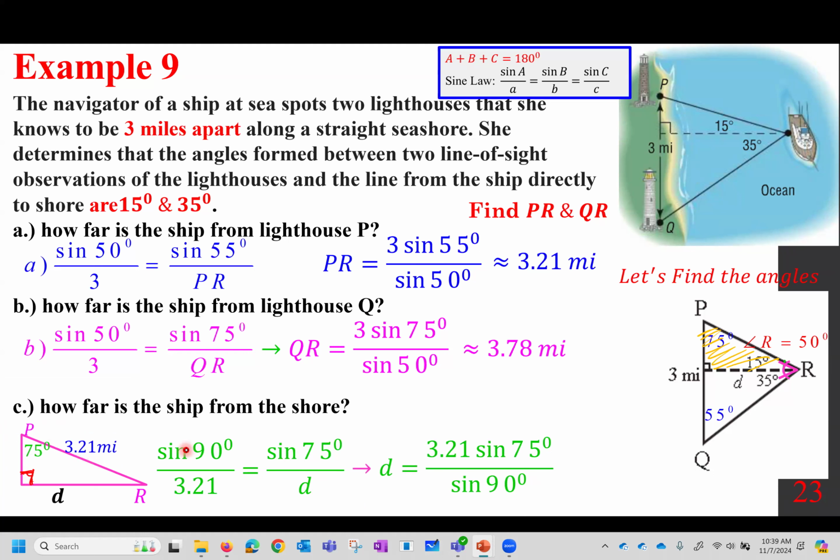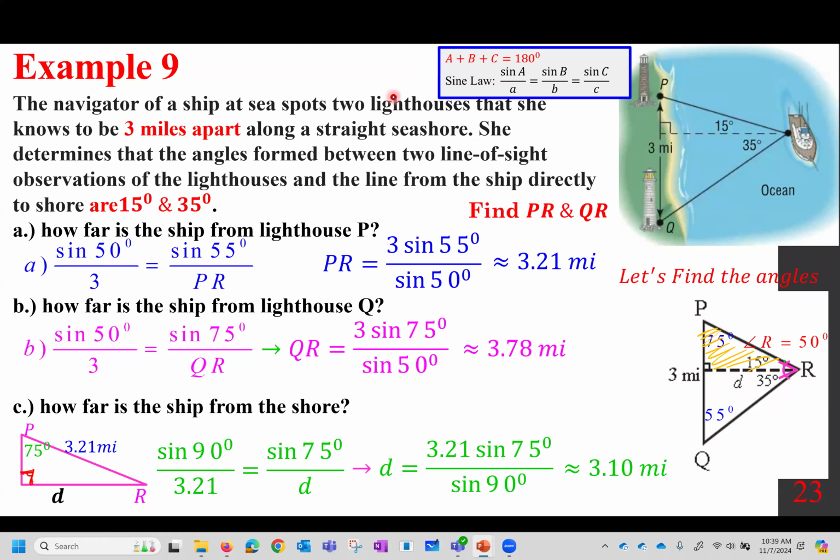You put it into a calculator and you get 3.1 miles, 3.10, because we wanted to go with 2 decimals. The next one doesn't change this. However, you don't have to do this. I did it on purpose because we are dealing with the sine law as far as the section is concerned.